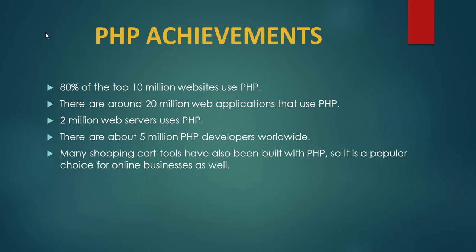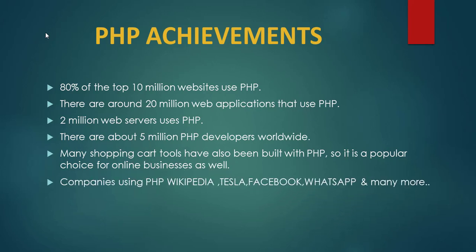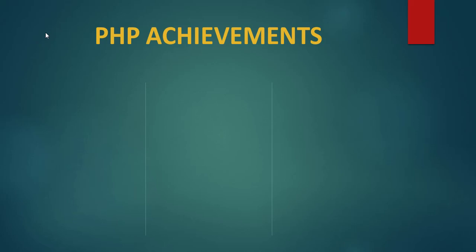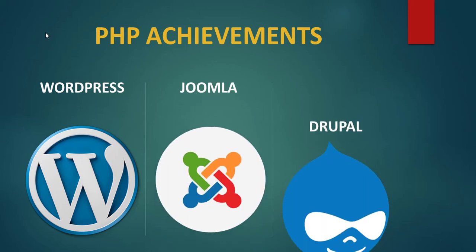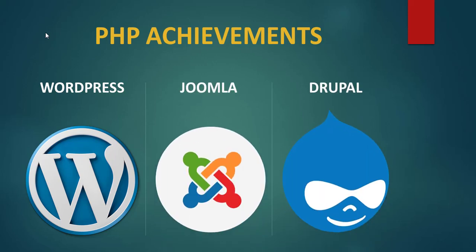Many shopping cart tools have also been built with PHP, so it is a popular choice for online business as well. Companies using PHP: Wikipedia, Tesla, Facebook, WhatsApp, and many more. World famous CMSs, WordPress, Joomla, and Drupal, are also built in PHP.